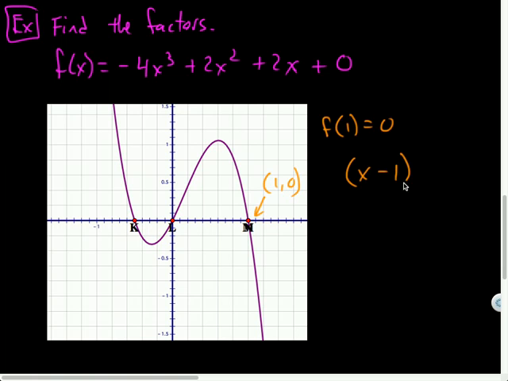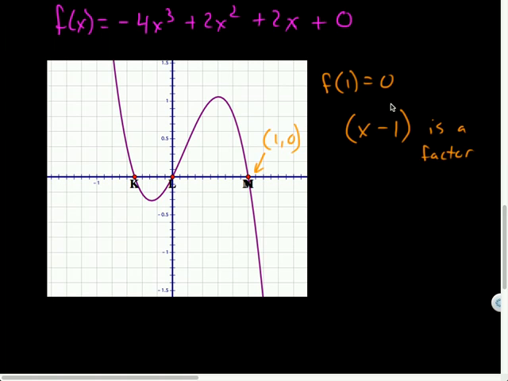That x minus 1 is a factor, right? So if I happen to pick this point here, this -1/2, that's the point -0.5, 0. That means that f of -0.5 equals 0, and that would mean x minus -0.5 is a factor, or x plus 0.5, where it would just be the opposite sign there.